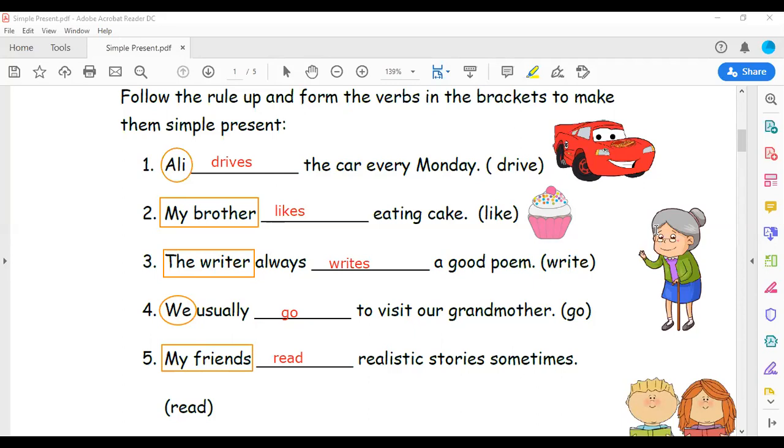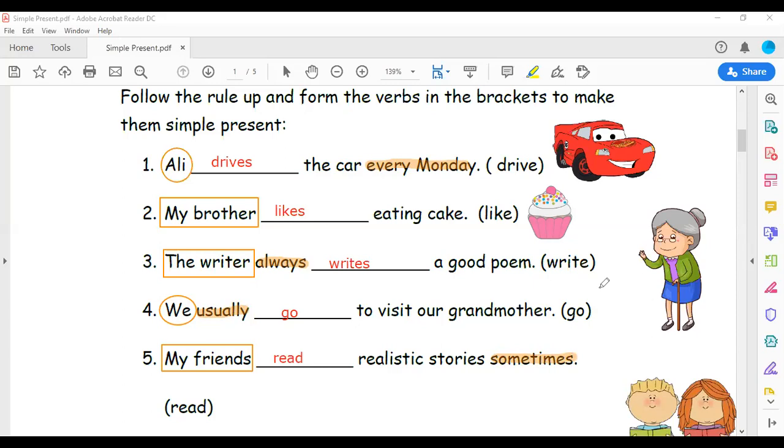Okay, so I need you here to be careful with some words like every Monday, always, usually, sometimes. These words are friends with a simple present.